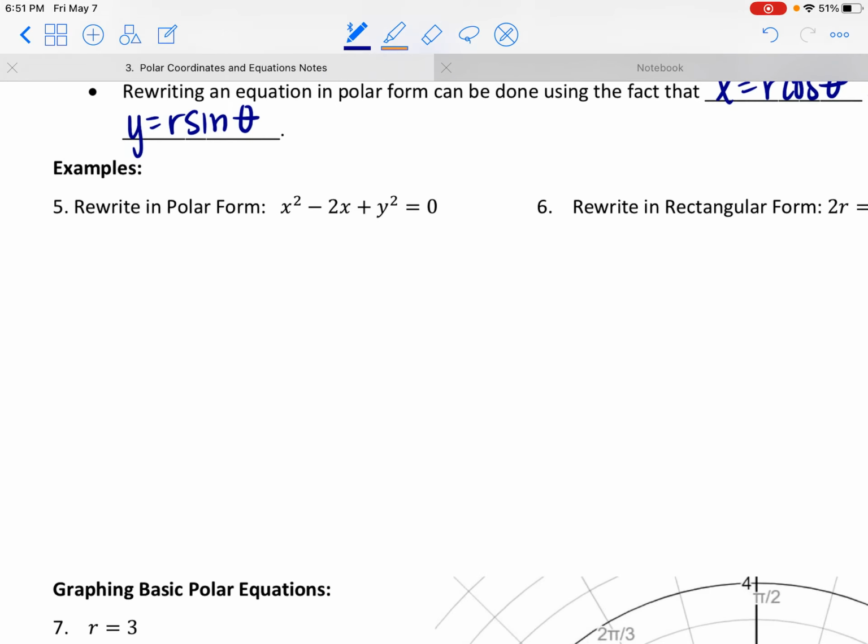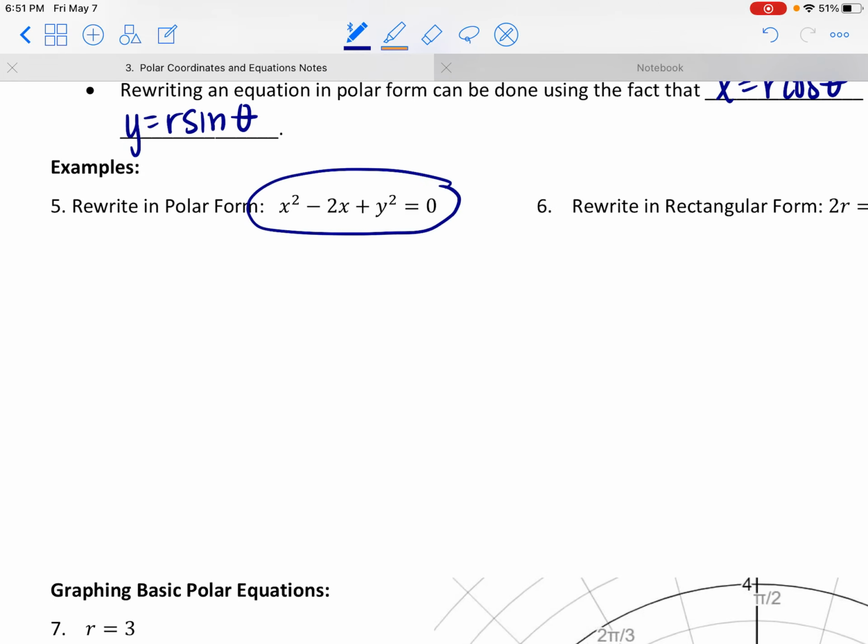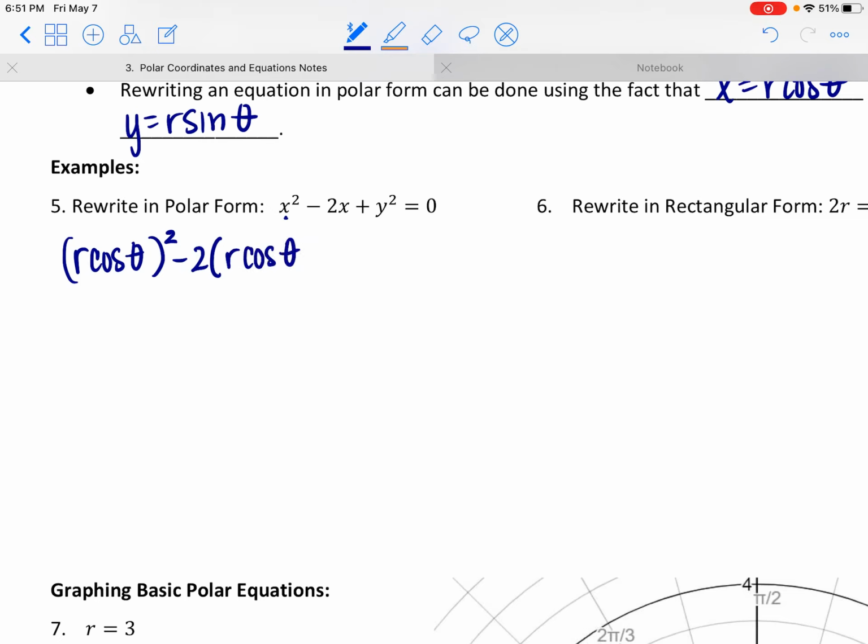So for example, if I wanted to rewrite this rectangular form into polar form, x is going to get replaced, that is r times the cosine of theta squared instead of x squared, minus 2 times instead of x, r cosine theta, plus instead of y, it's r sine of theta squared, equal to 0.